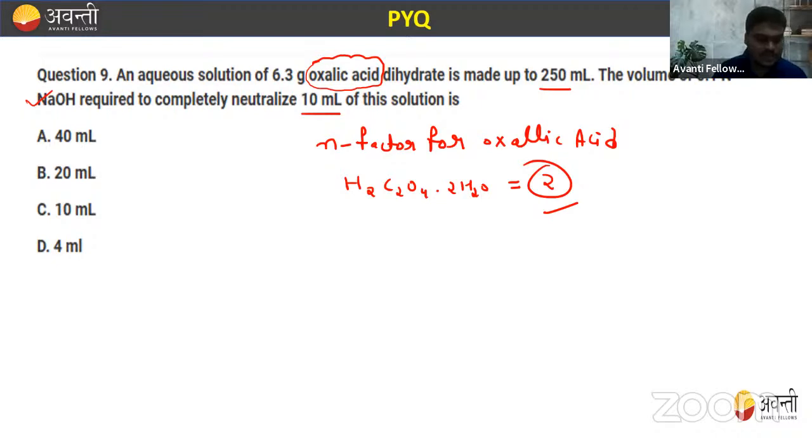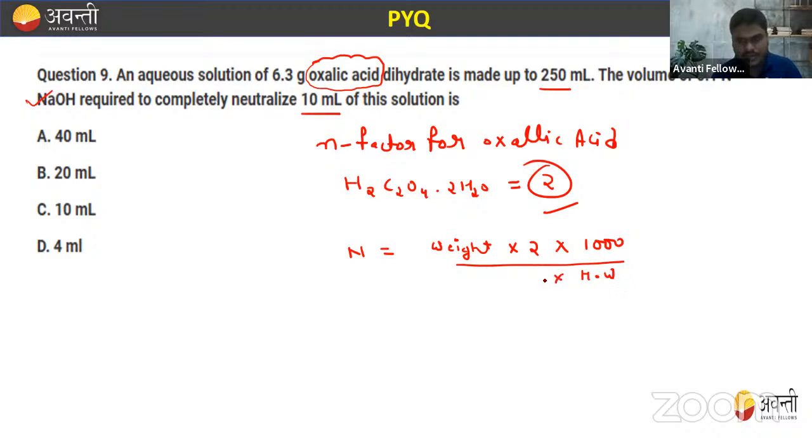Clear? Now, we know what normality is. Normality is equal to weight into 2 into 1000 divided by molecular weight into 250.